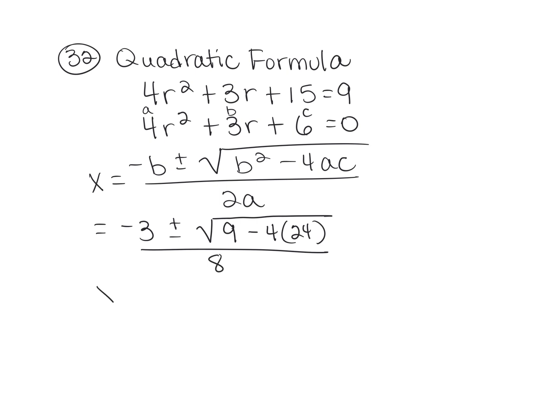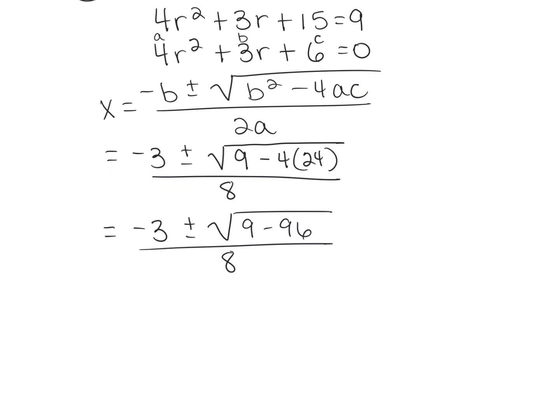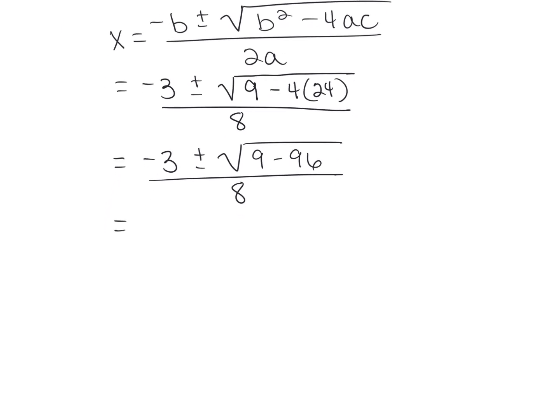So we have that this is equal to negative 3 plus or minus square root 9 minus 96, and we're still dividing by 8. So negative 96 plus 9 is our next calculation. So we are going to have the square root of negative 87, and we are dividing by 8.